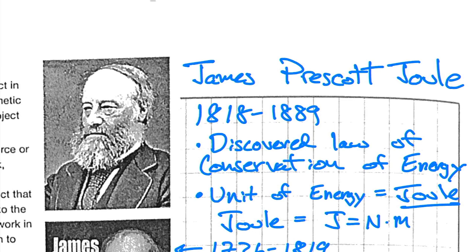The SI unit for energy is named in his honor, the joule, abbreviated with a capital J, and a joule is a Newton times a meter. Of course, anytime you have a unit named after you, pretty big deal.